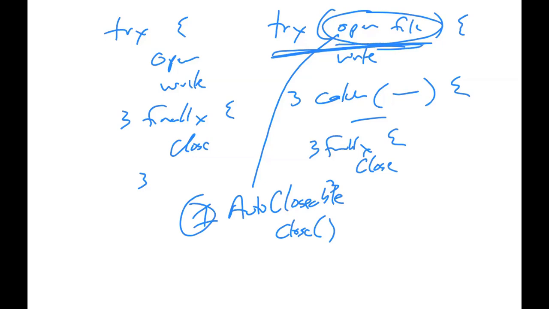And if you had multiple files or multiple streams being opened inside here, it would do that for all of the streams that are listed inside there. That was incredibly useful because it made it virtually impossible to forget to do your close. And you didn't have to worry about whether to put the close inside the try versus inside the finally. So in Kotlin, it's a little different than that.